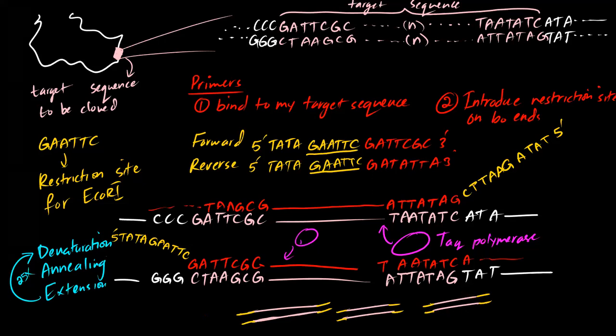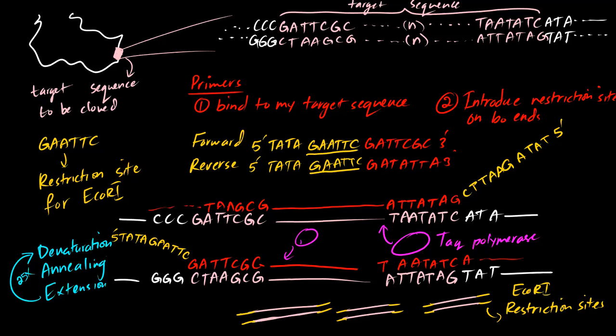So after PCR, you will get millions of copies of your target DNA, and all these copies have double-stranded restriction sites on both ends. The yellow ones are restriction sites, EcoR1, for example.